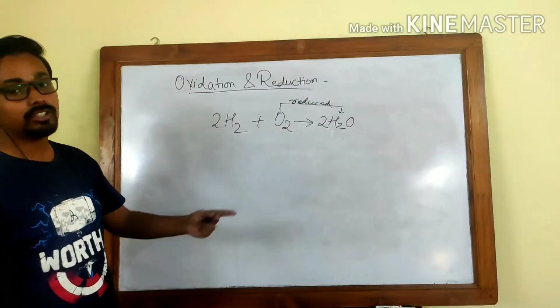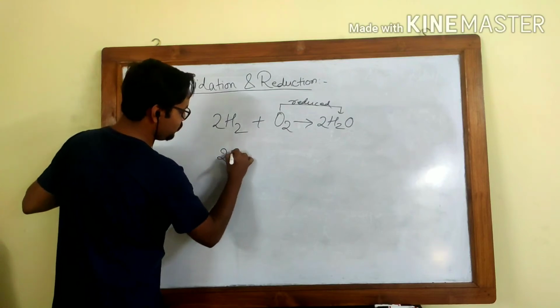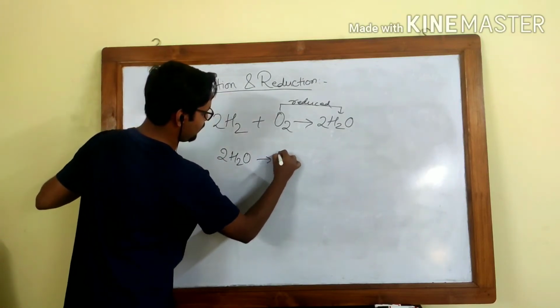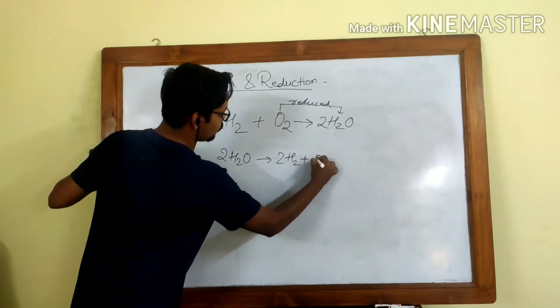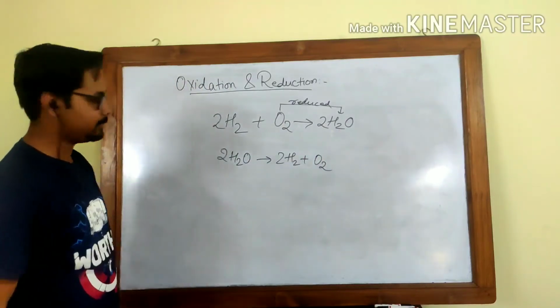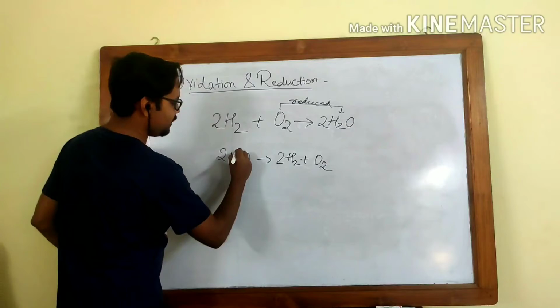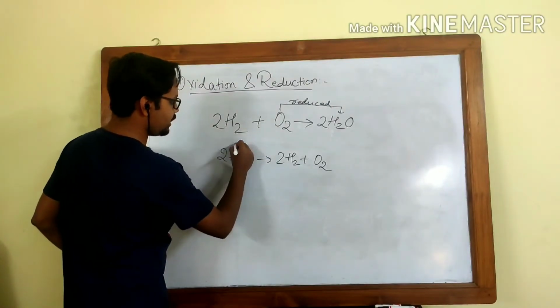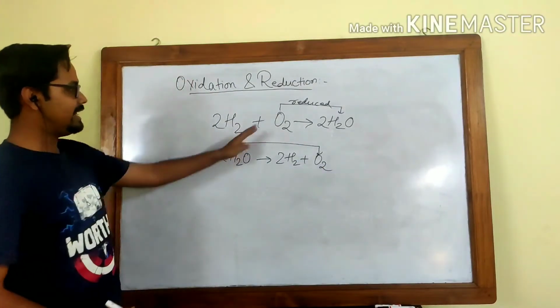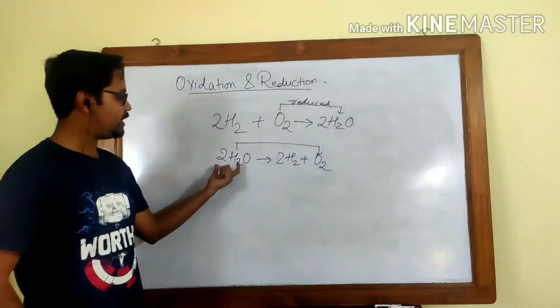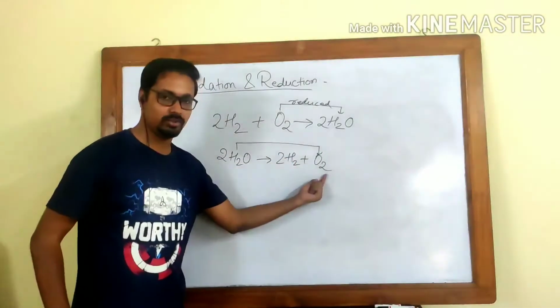If I write the reverse of this reaction, where we have 2H2O giving 2H2 plus O2, then what do we have here? If I am trying to break down water into hydrogen and oxygen, what happens?